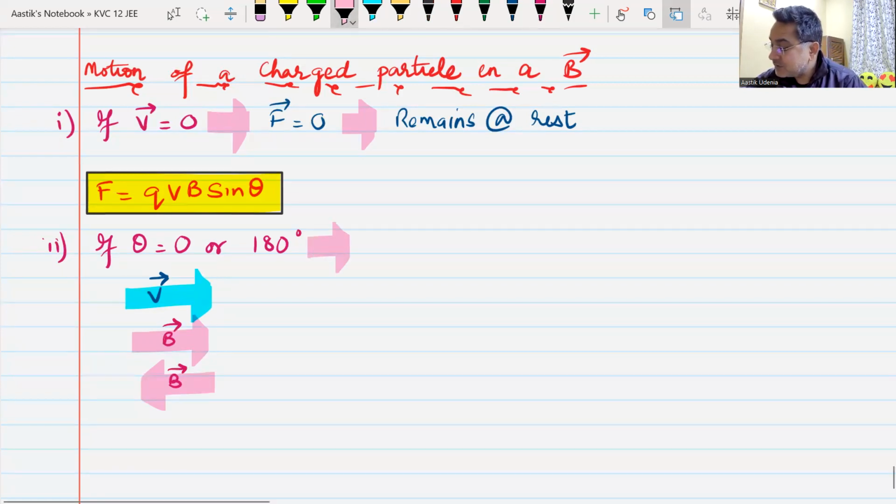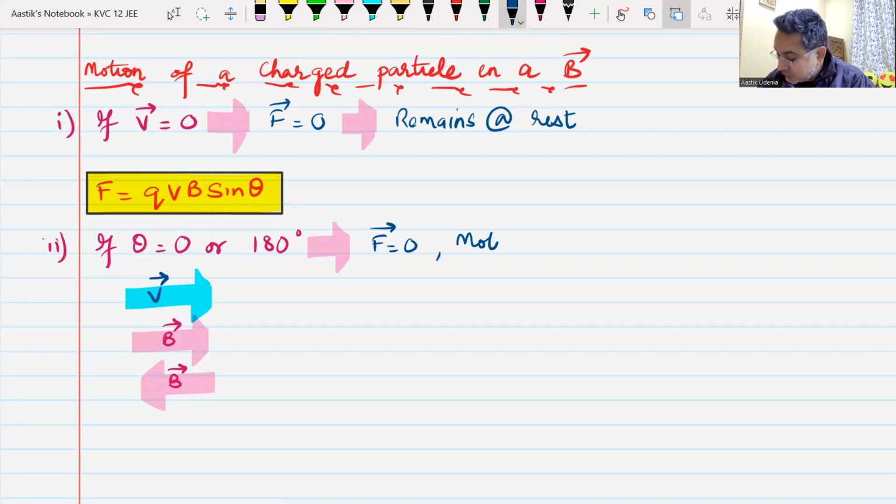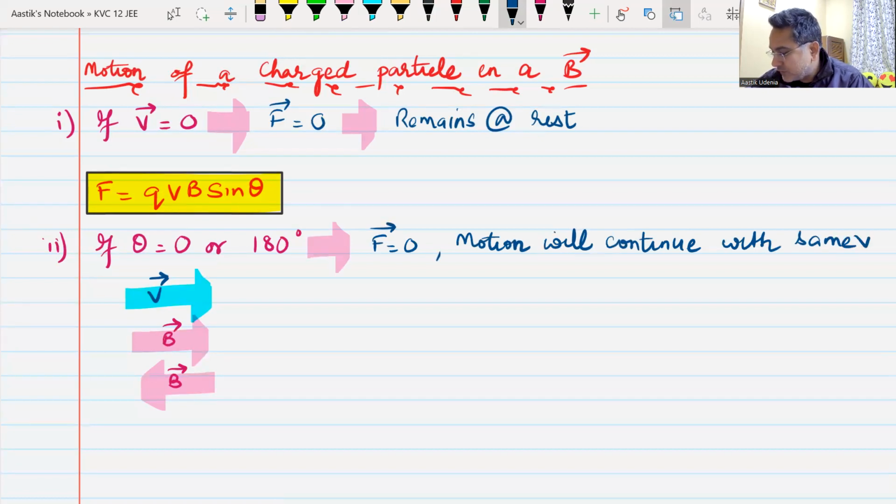This implies the force acting on this particle would be 0, and it will continue its motion with uniform velocity. Nothing will change. Do we understand this? Yes or no?